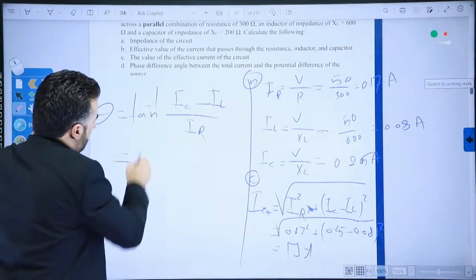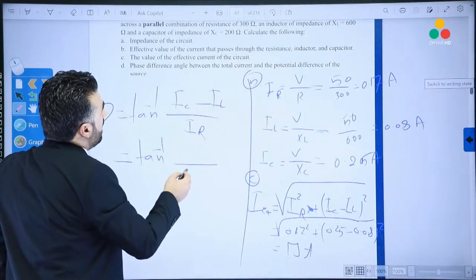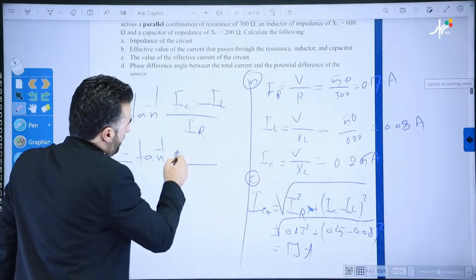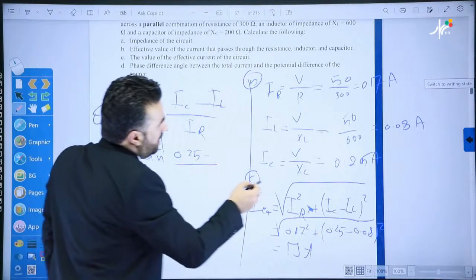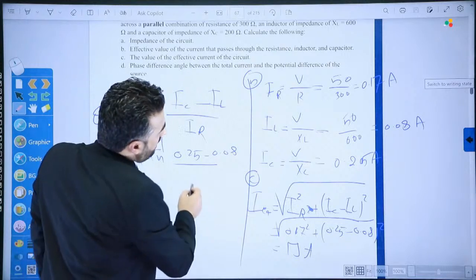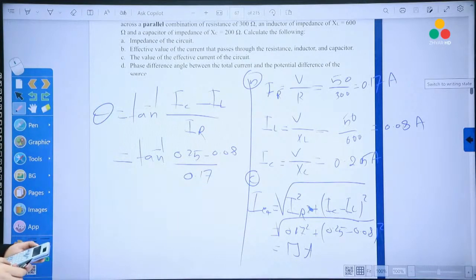So everything you need for this equation you have. So tan inverse of IC, which was 0.25, minus IL, which is 0.08, divided by 0.17, that is IR. You do the math and you'll find the answer.